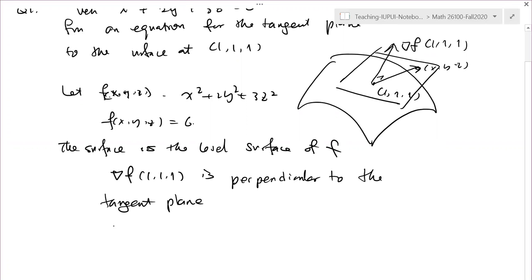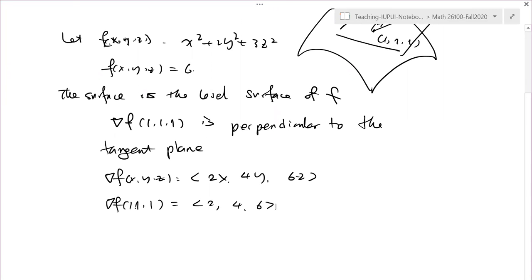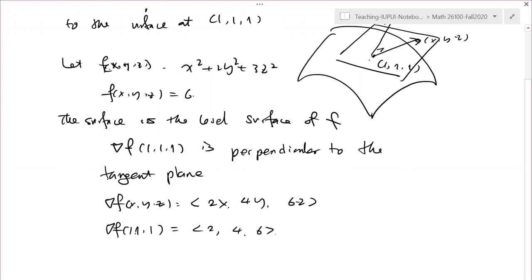Let's calculate the gradient of f. The gradient of f at an arbitrary point is going to be (2x, 4y, 6z), right? Those are your partial derivatives. So the value at the point will be (2, 4, 6). Then the difference of those 2 points gives you the tangent vector.